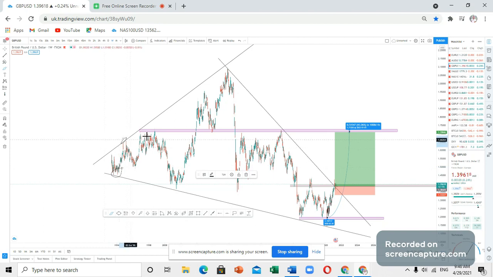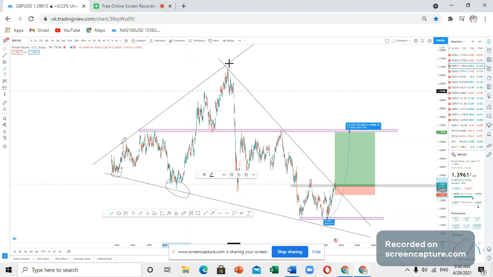Then it was having some small resistance in this region. We had several points of resistance, then it moved to the downside again, made a touch, broke out of the point of resistance, and moved to the upside. I think this was a confirmation. Whenever you see this breakout, there's a confirmation that the markets are moving to the upside. It went for a point of support and continued moving to the upside.